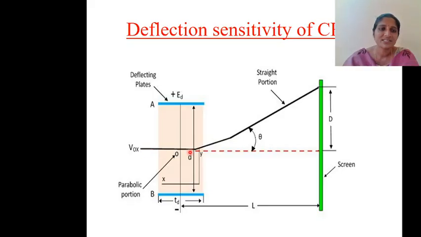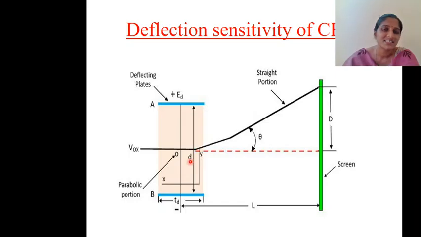Now how does this get deflected, and what is the equation of deflection sensitivity? Now we will study. See, V0x is the velocity of the electron beam in the x direction, and these two are the deflecting plates, and the distance between these two deflecting plates is small d.